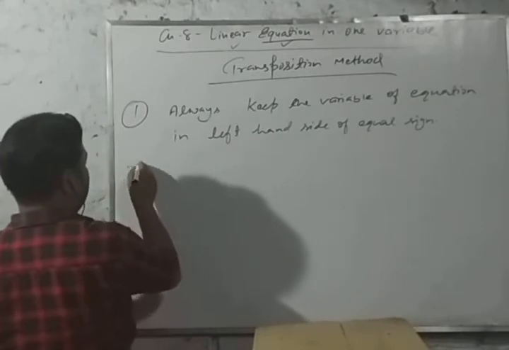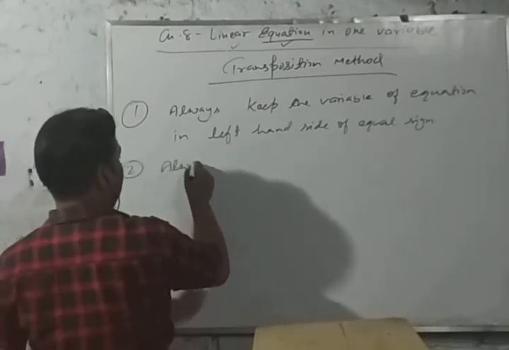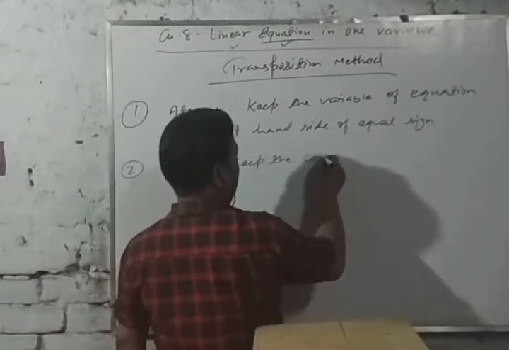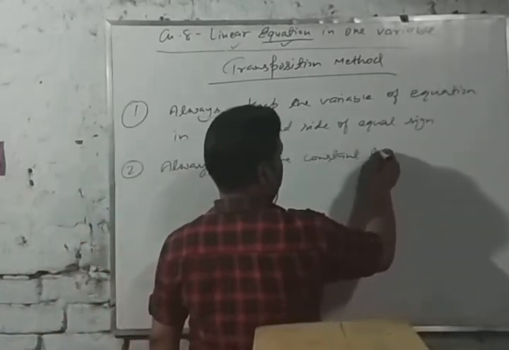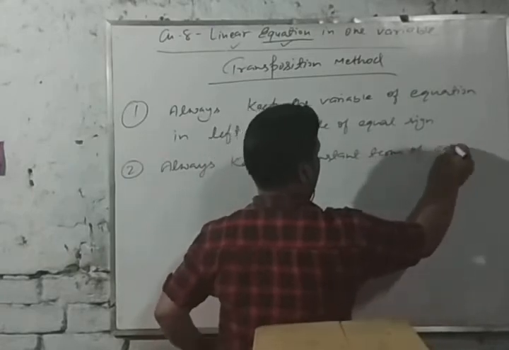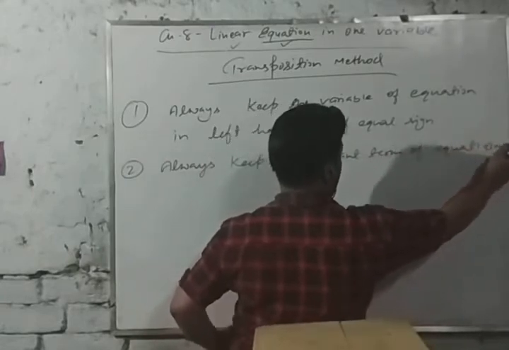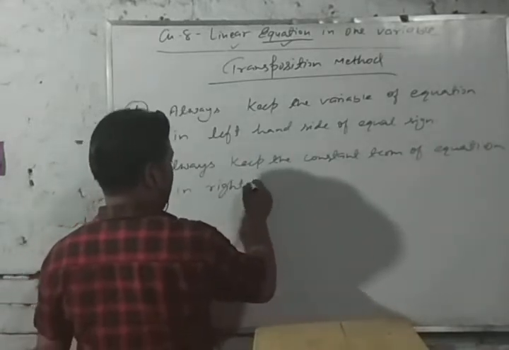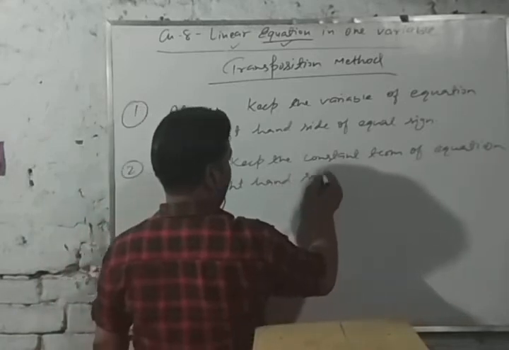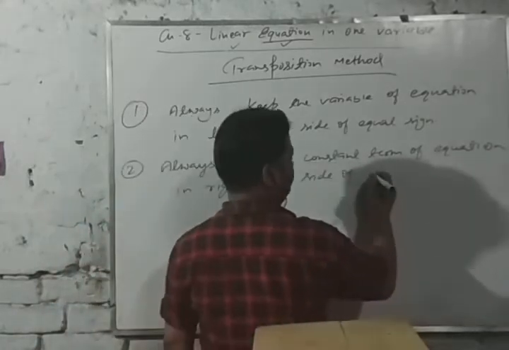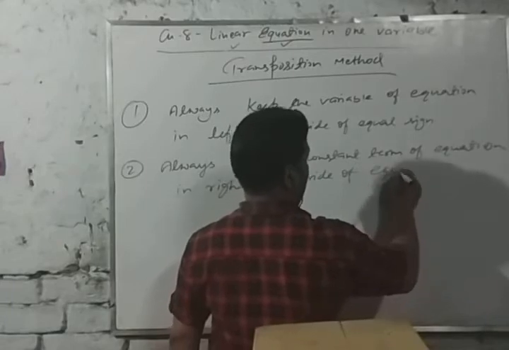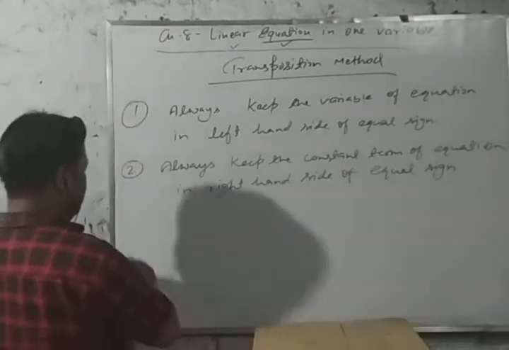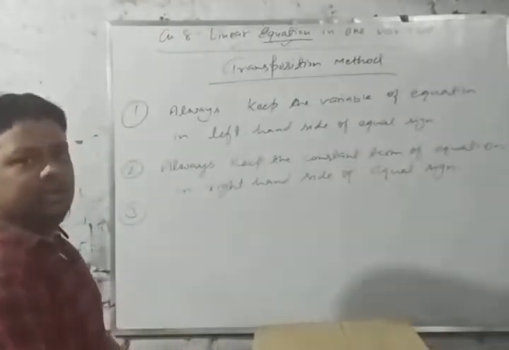The second step: always keep the constant term of the equation on the right hand side of the equal sign.